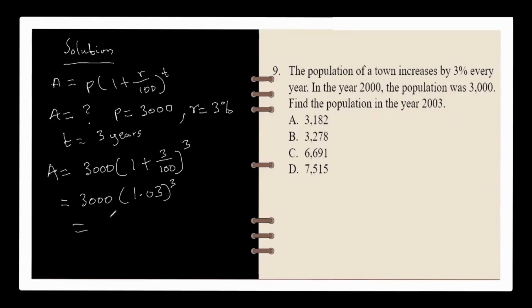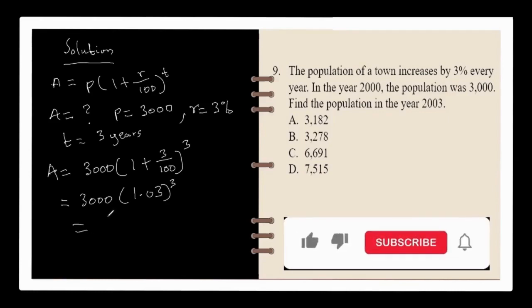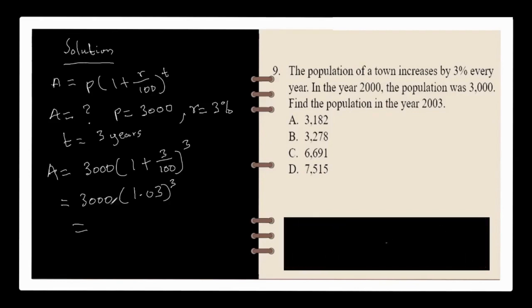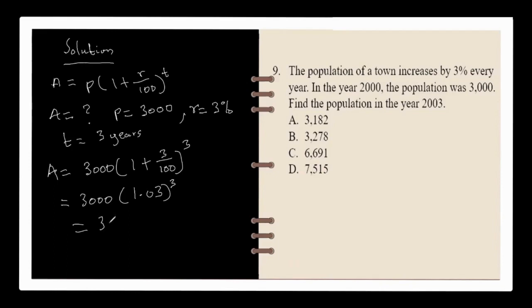If we multiply this together, it's going to give us 3278.181. Of course, since it's the population of humans, we need to use a whole number.